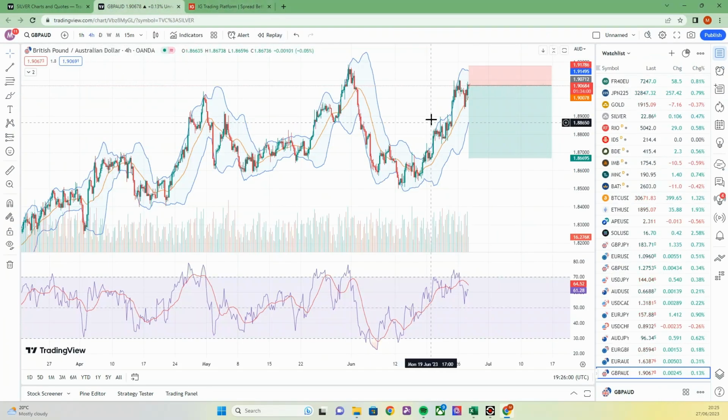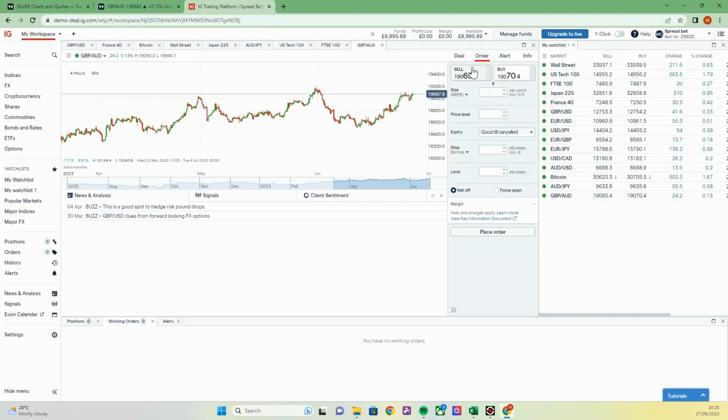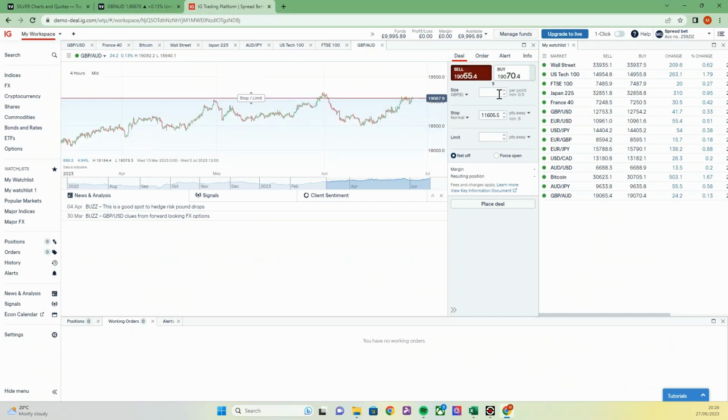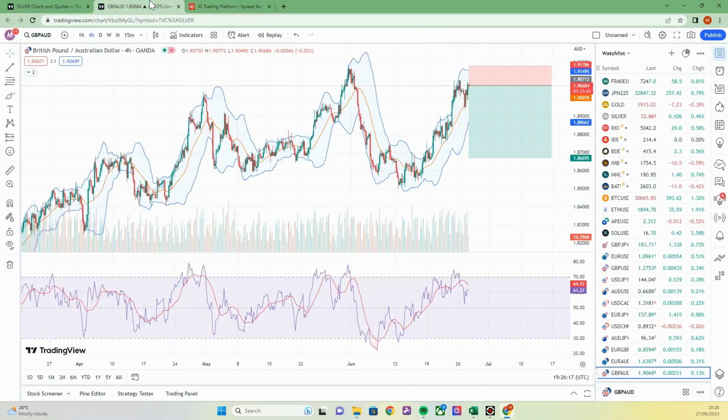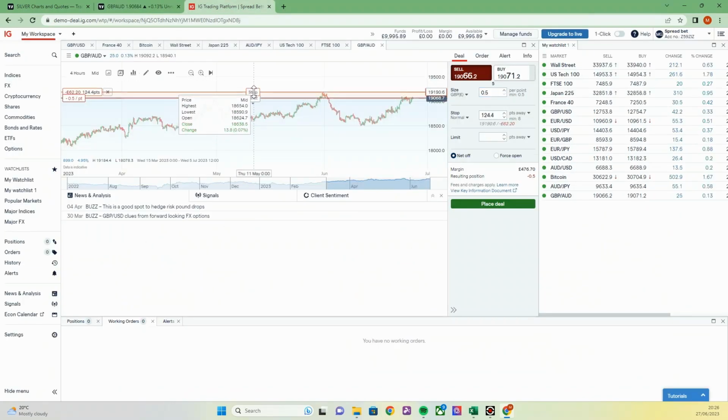Interesting. Alright, well, it looks like we have found something. So I'm going to sell at 50 pence per point. The stop loss is going to be at 19190. Ooh, 62 quid as a loss.